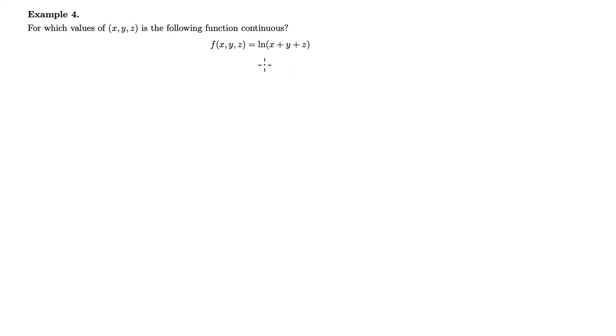So where is this function defined? Well, we can't take the log of a non-positive number, or a number that's 0 or less than 0. So what that means is that x plus y plus z better not be 0 or negative. It better be strictly greater than 0. But what does this mean? Well, x plus y plus z equals 0 is a plane that we can actually plot in three-dimensional space.